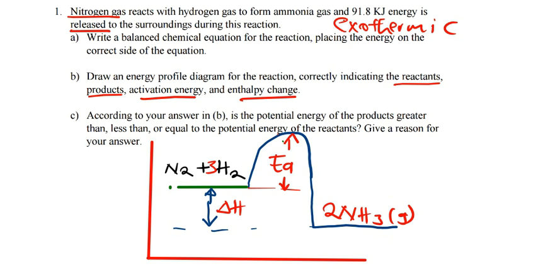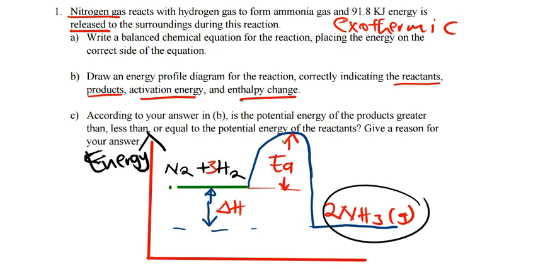Now we can move on. C says, according to your answer in B, is the potential energy of the products greater than, less than, or equal to that of the reactants? What do you think? If you look at your reactants compared to the products, on the left is where we have energy on the y-axis, that's the level of energy. This is called the energy profile diagram.